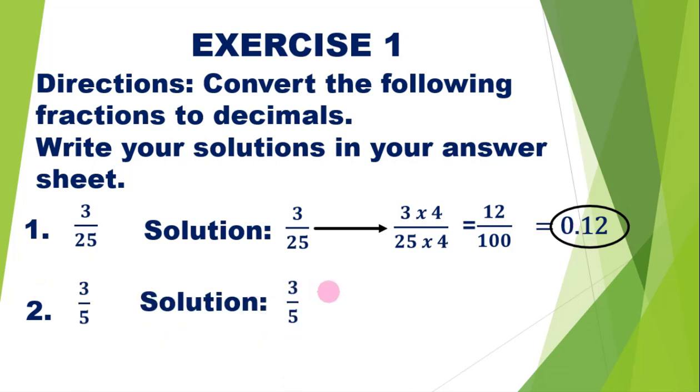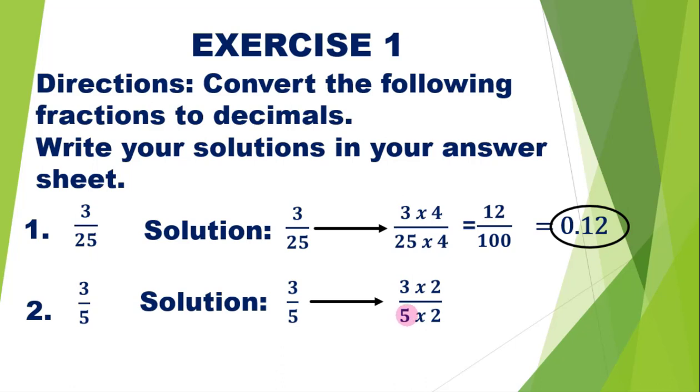For number 2, we have 3/5. Solution. 3/5 is converted to, what is the multiple of 5 that is a power of 10? Well, it's 10. 10 is a multiple of 5.